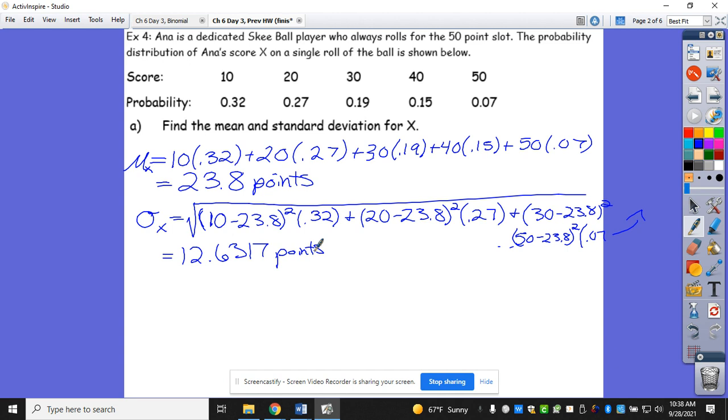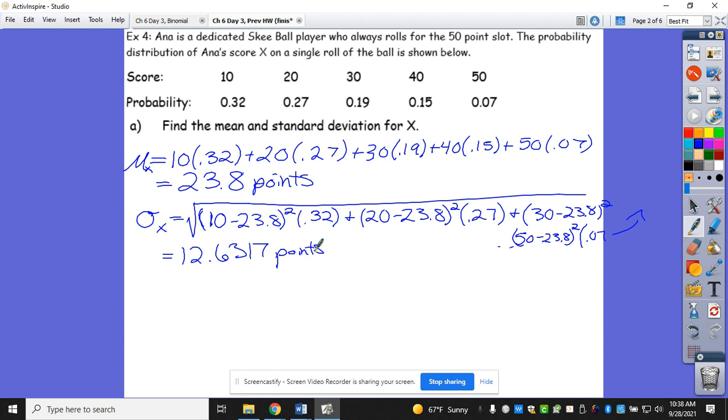The 23.8 points is for one what? One roll. So if many rolls were randomly selected, we expect the average points per roll, or value of points scored, to be what word? About 23.8 points.